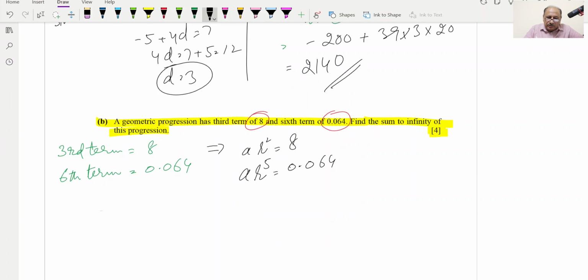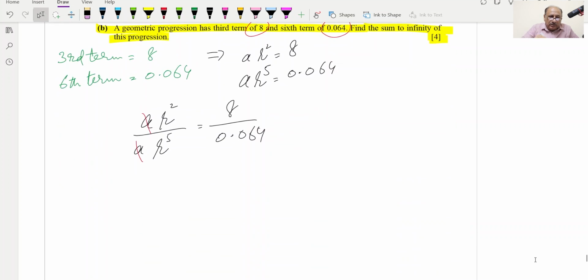Now we can go ahead and divide this, so we can write ar squared over ar raised to the power 5 is equal to 8 over 0.064, and a will be cancelled. Next we can take the reciprocal of the same equation, so it will be ar5 over ar2, equal to 0.064 over 8.